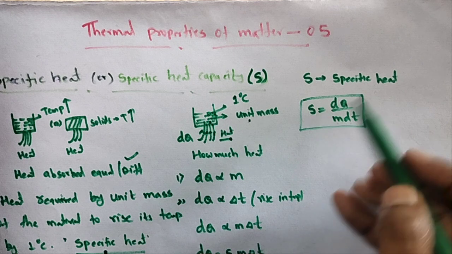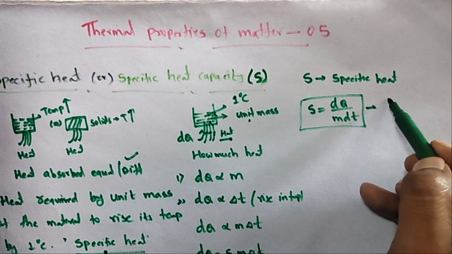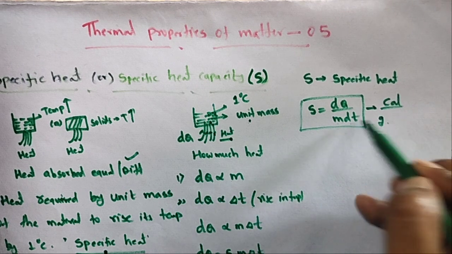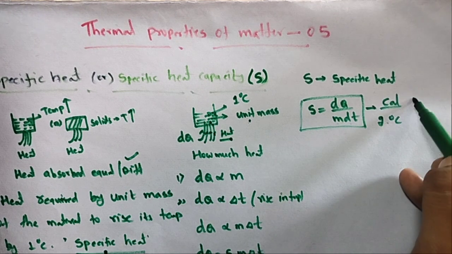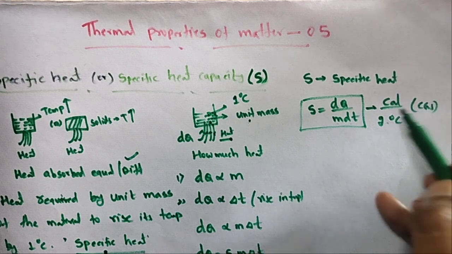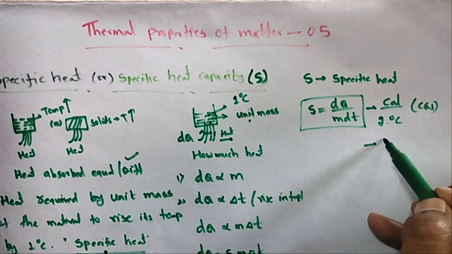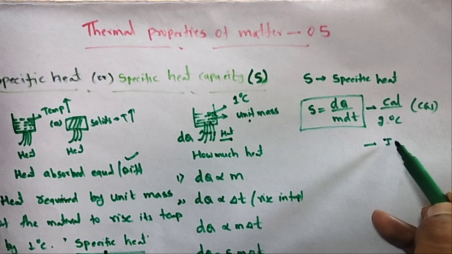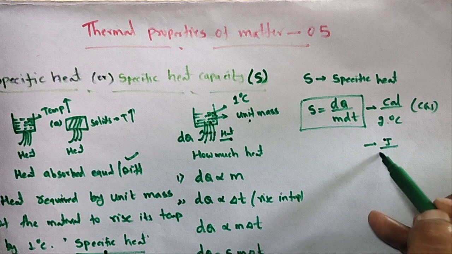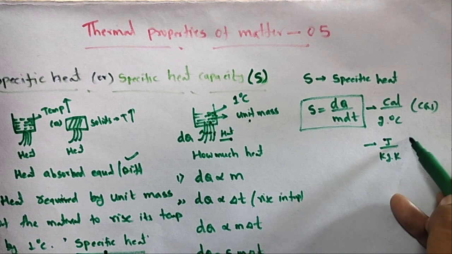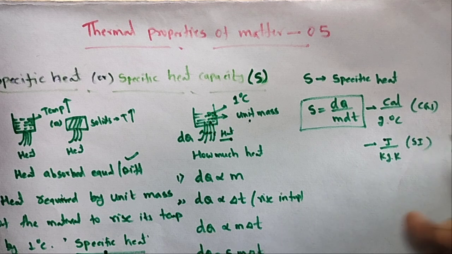What are the units? dq is heat in calories, m is mass in grams, temperature in degree Celsius. So this is the CGS unit: calorie per gram degree Celsius. In SI, dq is in joules, mass in kg, temperature in Kelvin. Joule per kg Kelvin is the SI unit.